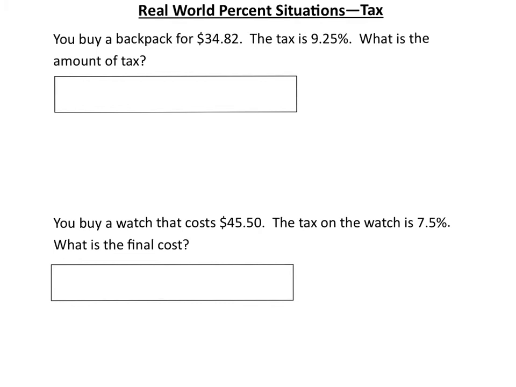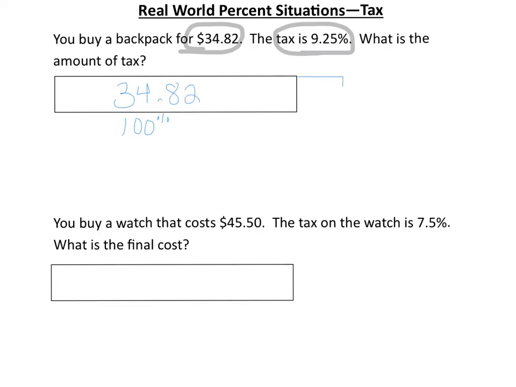Okay, the next one. You buy a backpack for $34.82. The tax is 9.25%. What is the amount of tax? So we know the bar is going to represent 100%, which is the $34.82.